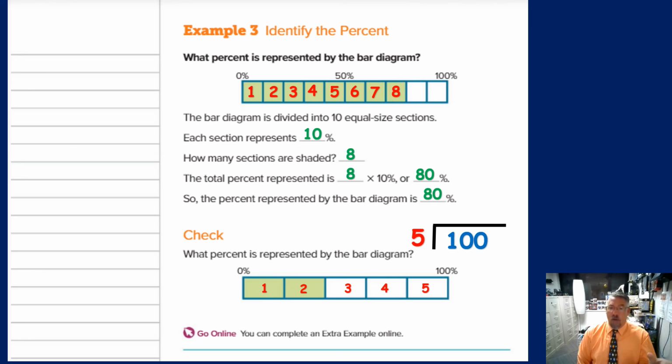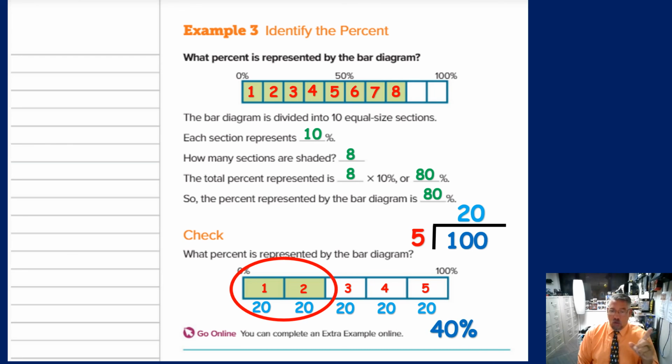So then I'm going to divide by 5, and that tells me that the value of each of those boxes is 20%. So if each one is worth 20%, and I've shaded in 2 of them, then 2 times 20 gives me my 40%.